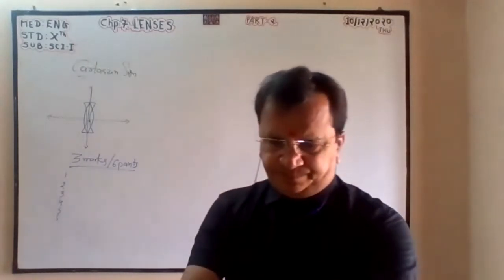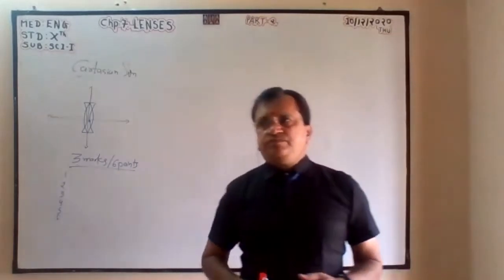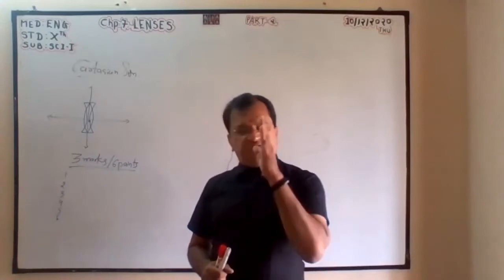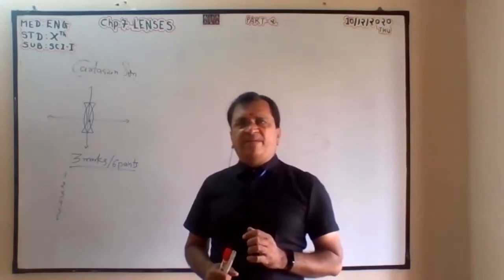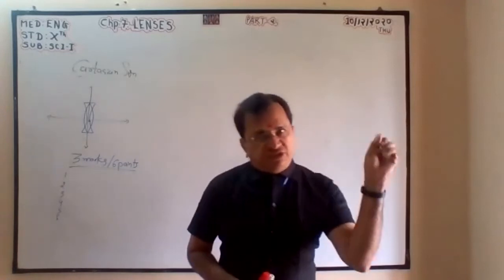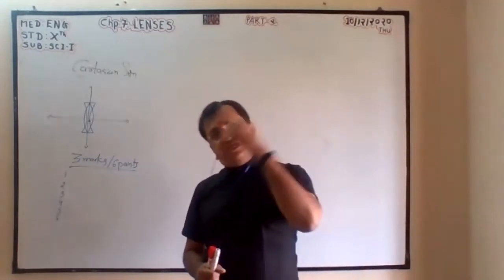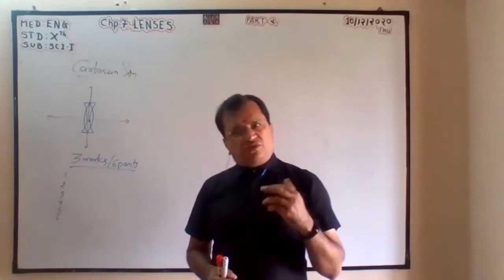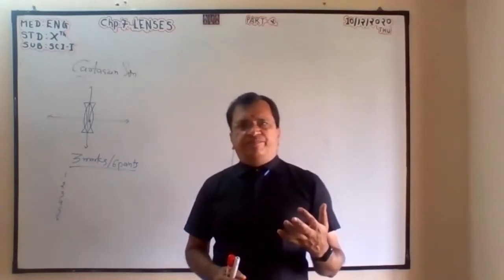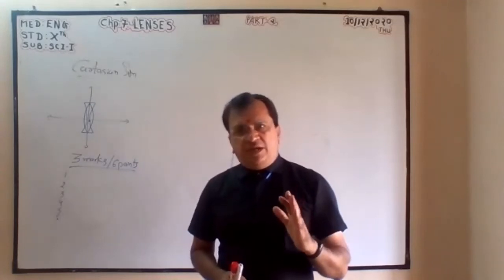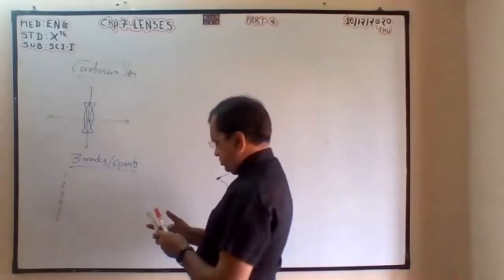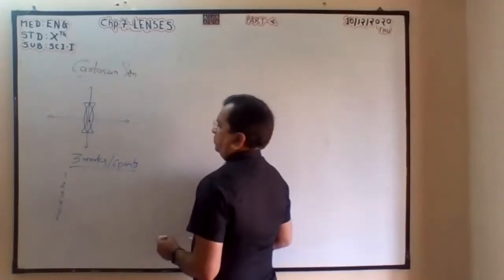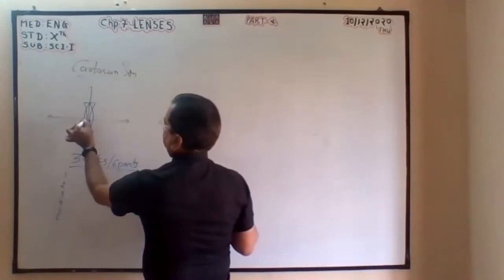Now listen. Horizontal x-axis, vertical y-axis, intersection is origin. But now that origin is an optical point O for the lens, for both lenses, convex and concave. Now, every time we have to measure all the distances from here only.